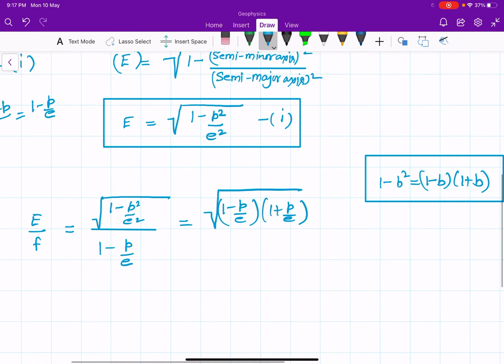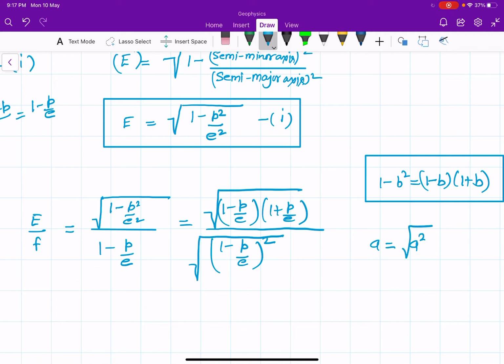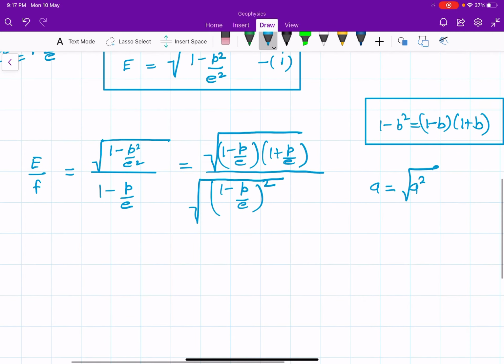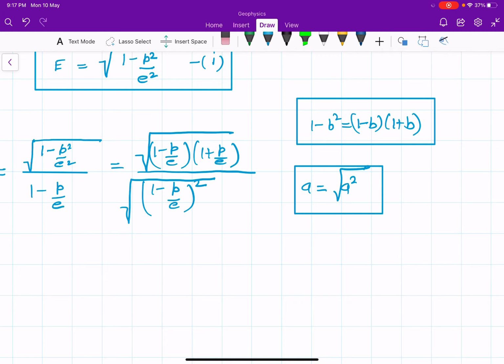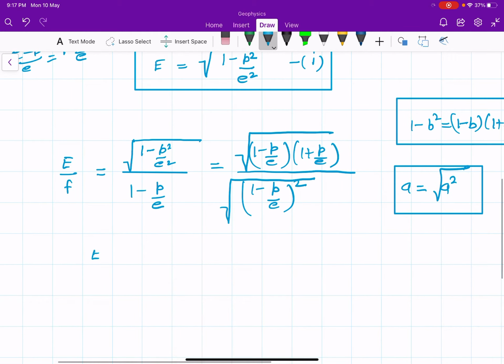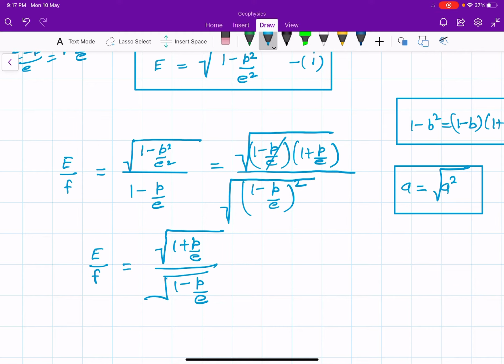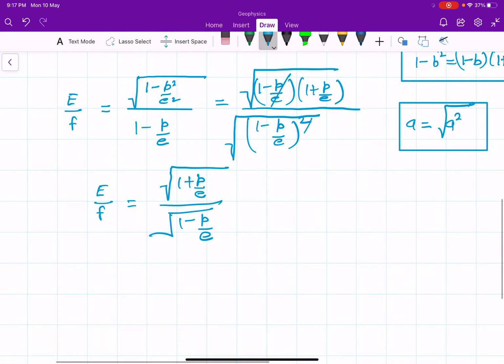And divided by 1 minus P upon E whole squared in square root, because a you can write as the square root of a squared. These are the two identities of algebra I used here. So e upon F equals 1 plus P divided by E, which is divided by 1 minus P upon E, because the 1 minus P upon E will cancel and 1 will remain.